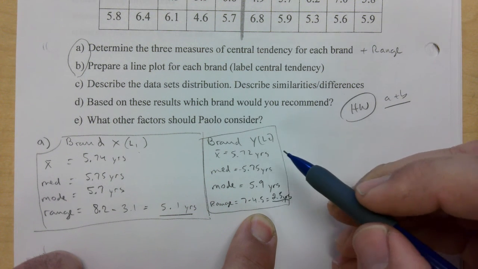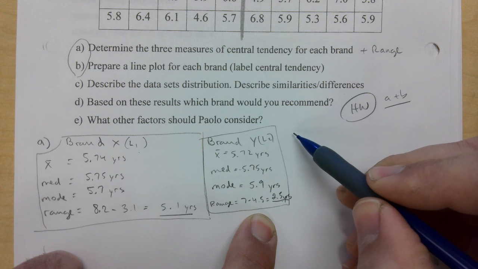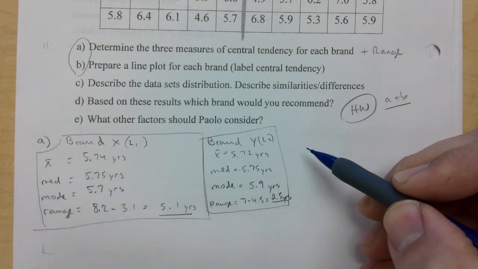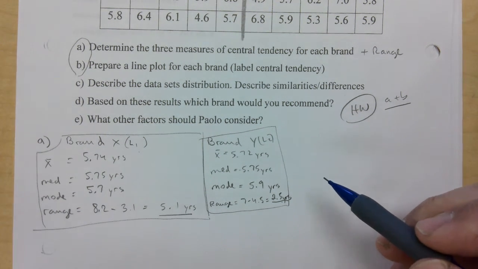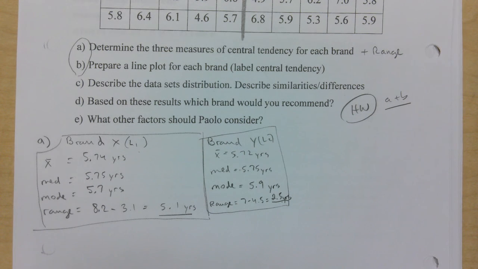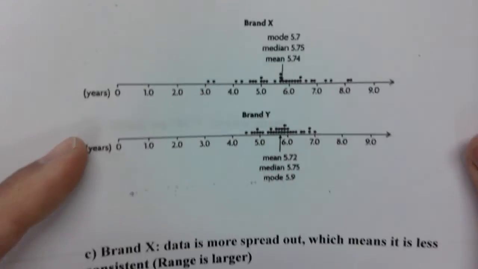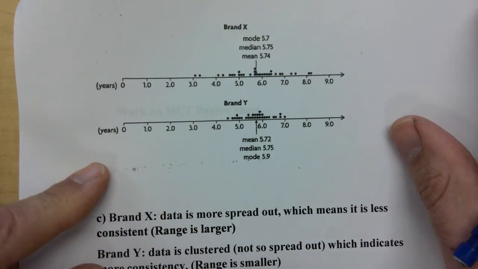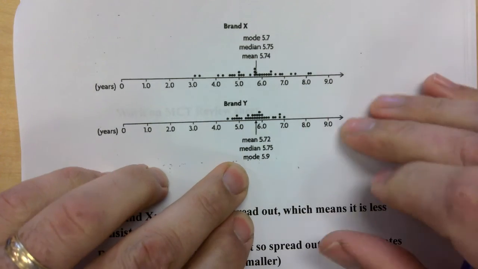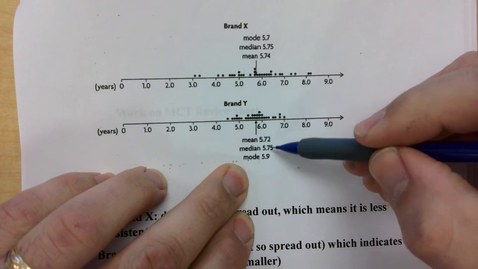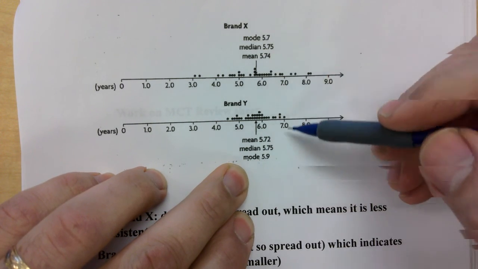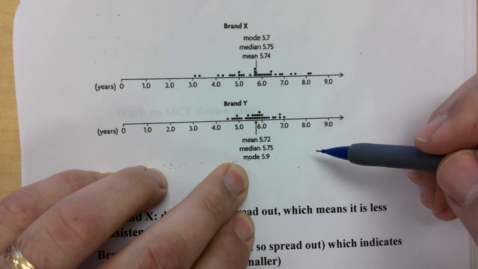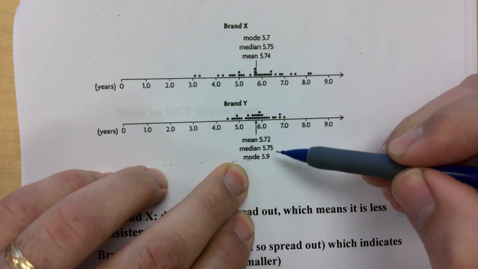So for B, you were supposed to create a line plot. And when you're putting them side by side, you want to have the same scale if possible, right? Most likely it's going to include everything. The mean, median, mode is labeled for all of them, and they're in the general area.